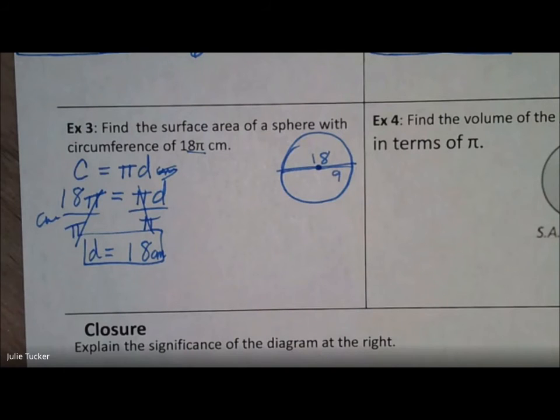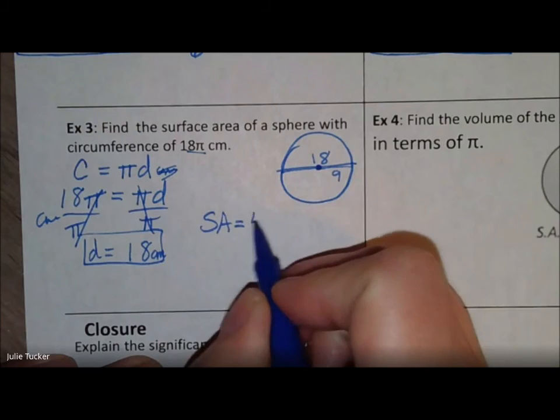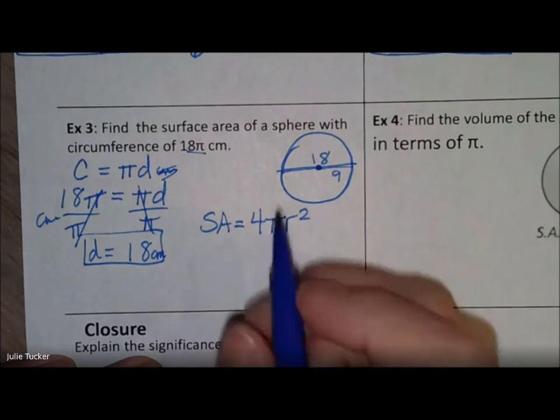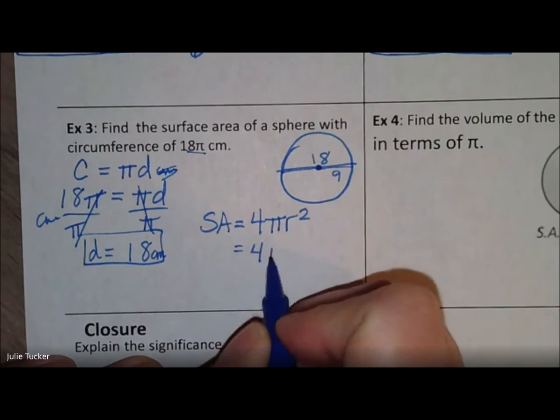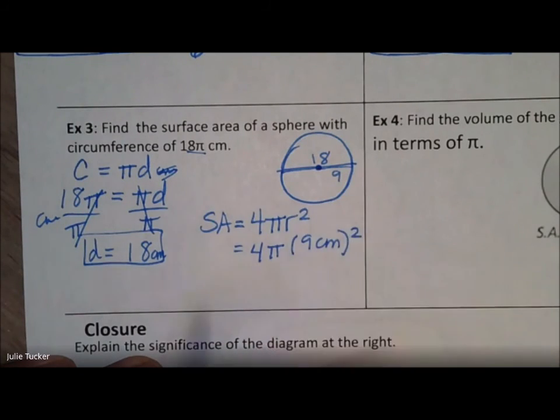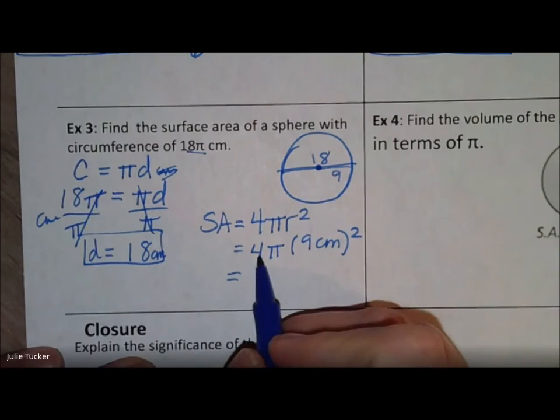So now I'm ready. I need to find the surface area. So SA equals 4 pi r squared, equals 4 pi times 9 centimeters squared. What is 9 squared? 81. Good. So I have to do 81 times 4.